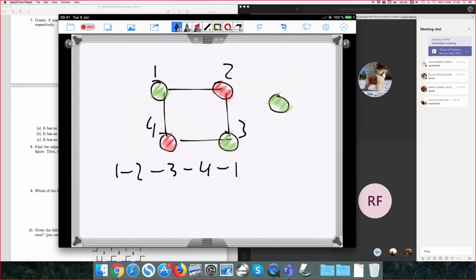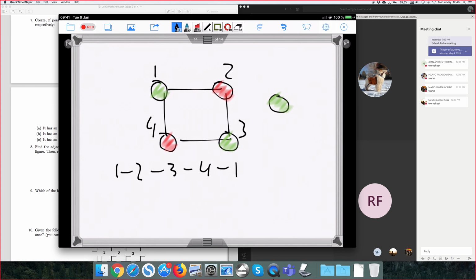Okay, so be careful because nobody tells us that the graph must be connected. If you try to do a connected graph, then it's not possible. Okay, but with a not connected graph, it is possible.